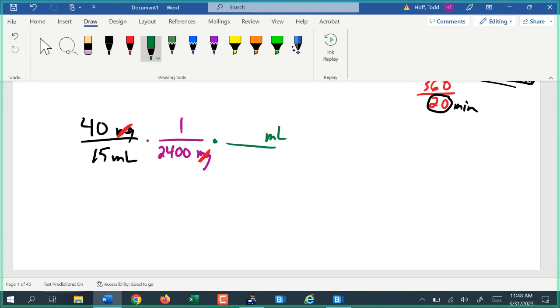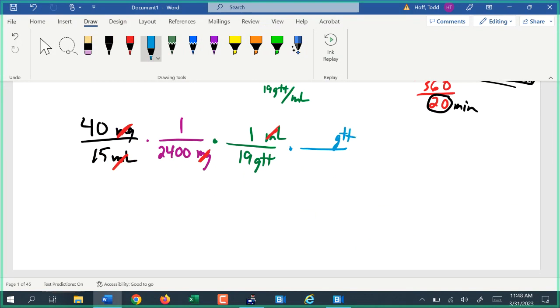I'm going to put milliliters on top. The only information I have here with milliliters in it, other than the concentration, which I've already used, is the drop factor. That is saying 19 drops per milliliter. I'm going to put 19 drops on bottom and 1 milliliter on top, so that the milliliters will cancel. And now I need to get rid of drops.